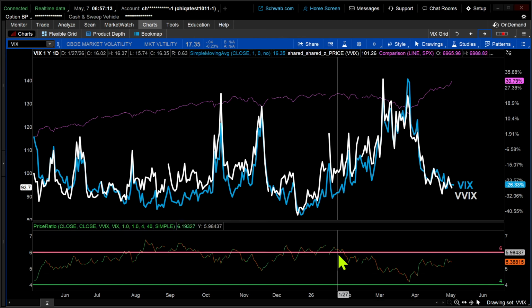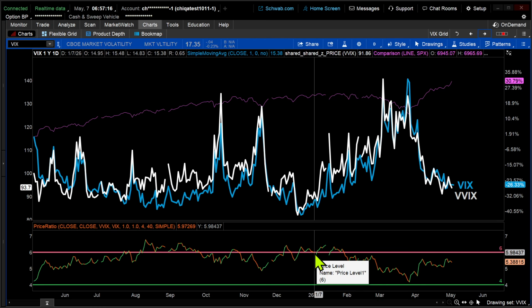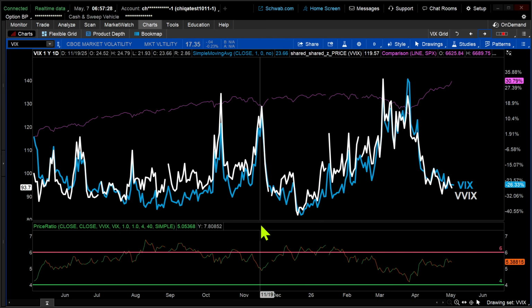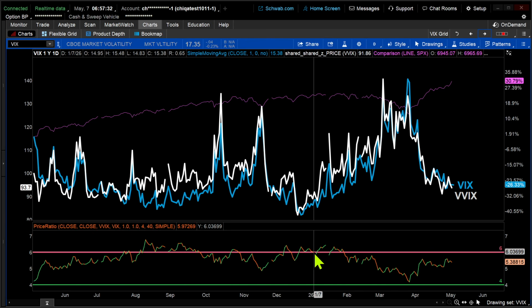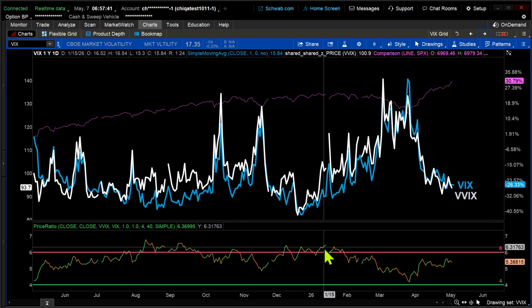When this price ratio is above 6, that suggests that institutional investors are willing to buy volatility products to hedge risk at whatever price they're being offered. When that VVIX is well above the VIX, it's at an extreme. Institutional investors are piling in, that's the assumption, piling into those hedging products.